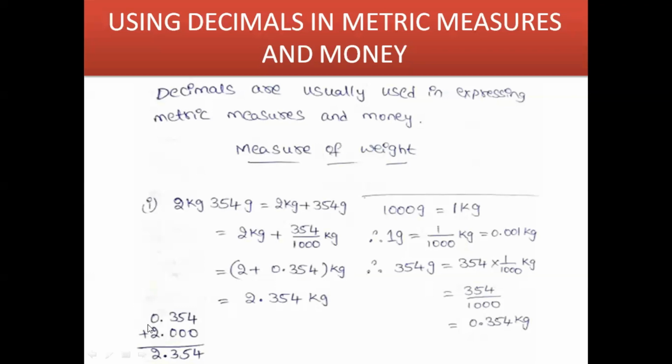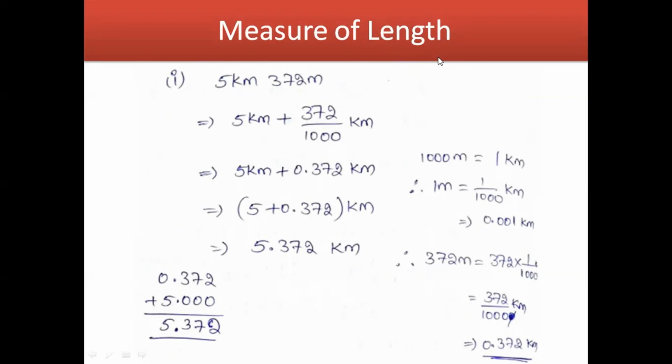See here 0.354. 2 is in whole place. After the point we don't have any numbers, so put zeros. 4, 5, 3. 2 is in whole place. Now see, 2.354 kgs.